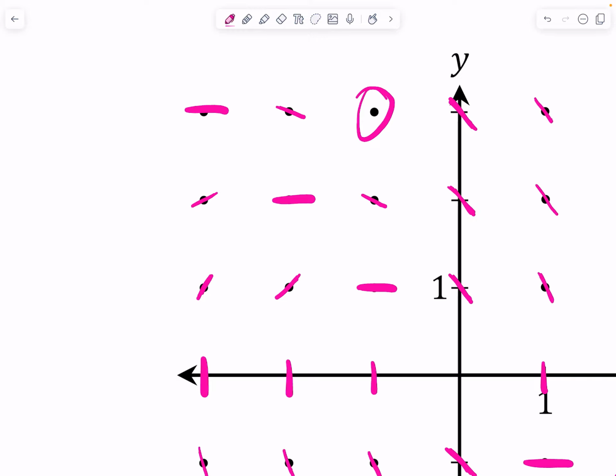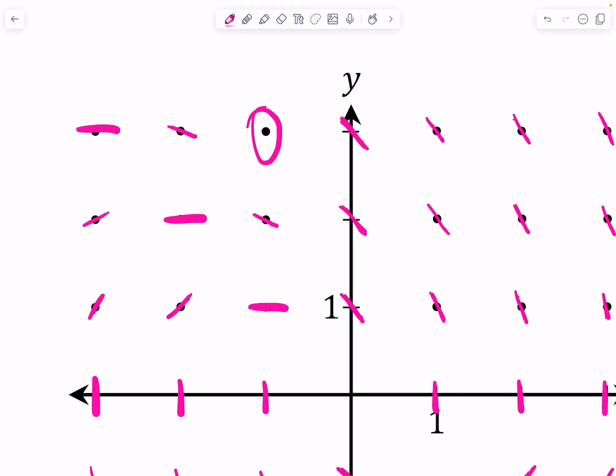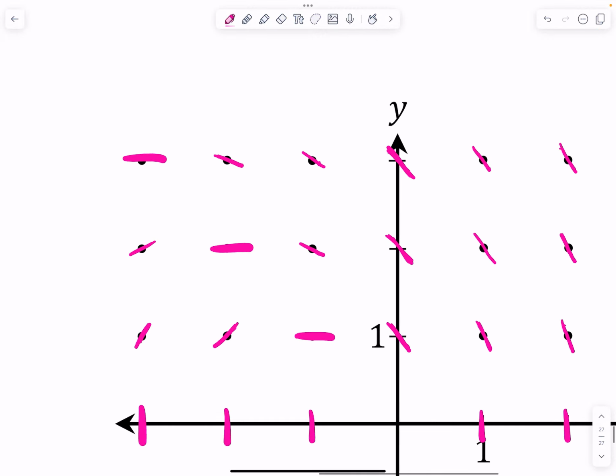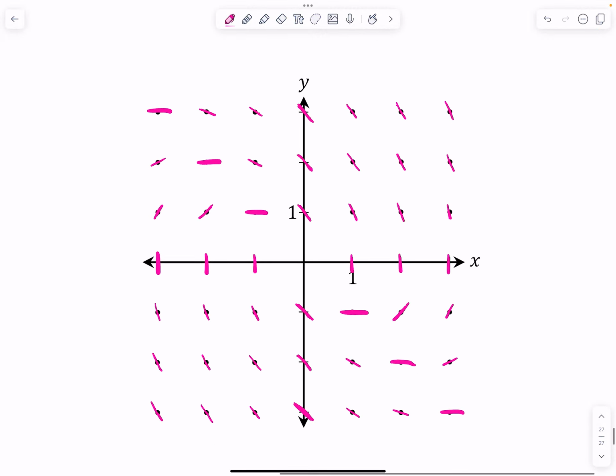So looking at negative 2/3. I take this and try and connect it in that direction. Whew. And that is that slope field done. It was a doozy. But what a thing of beauty it is.